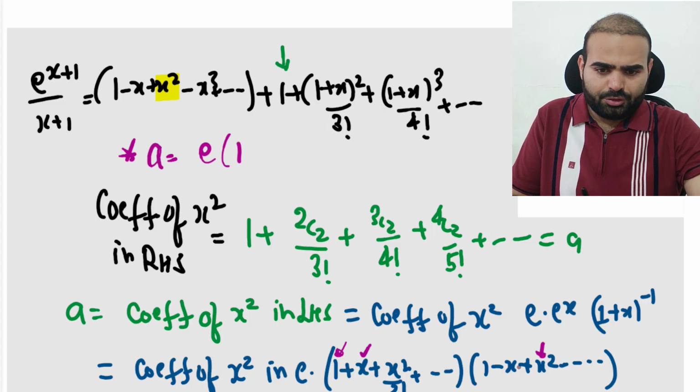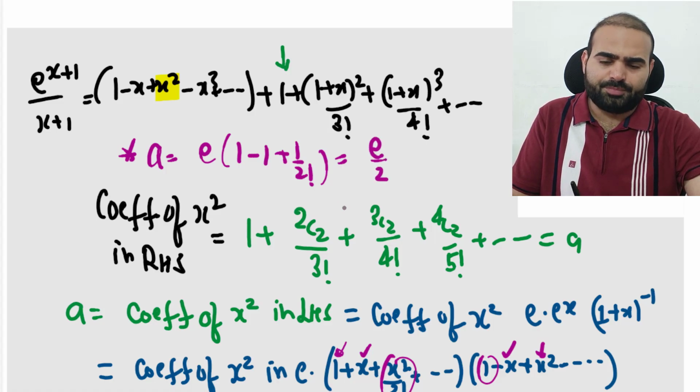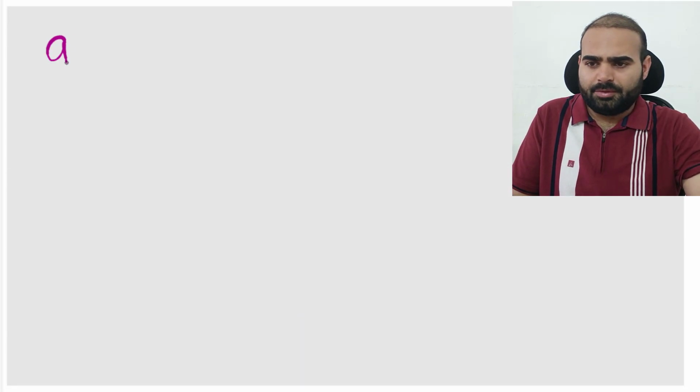Corresponding to this x we will get minus 1 because of minus x square. Corresponding to this term we will get, if it's multiplied with x, 1 upon 2 factorial. So 1 minus 1 is 0, so e upon 2 factorial is 2. So we have the value of a, e by 2.